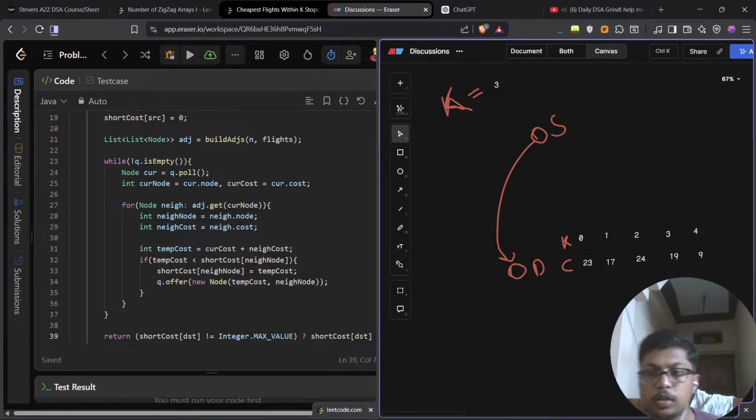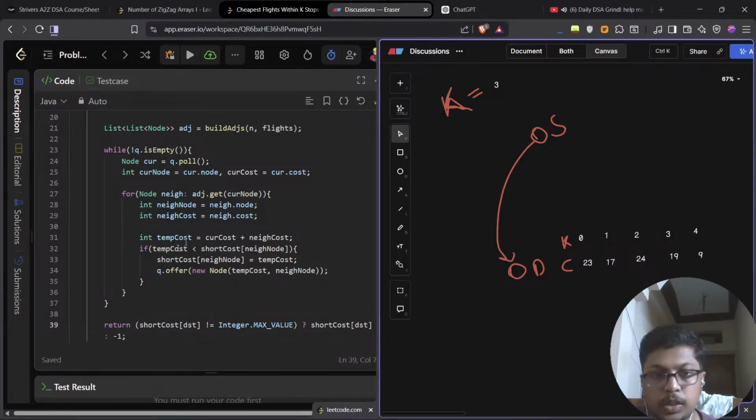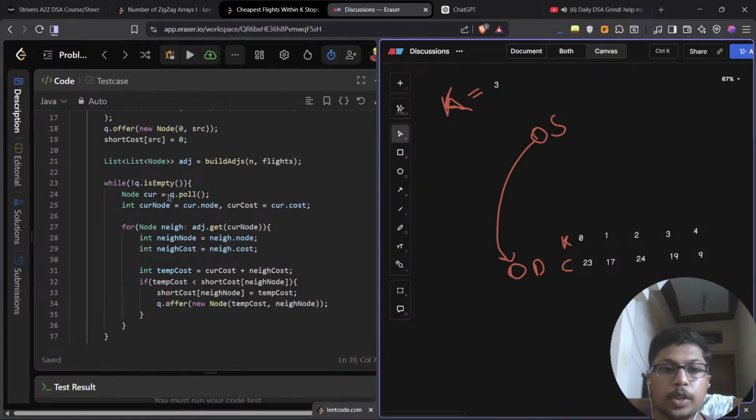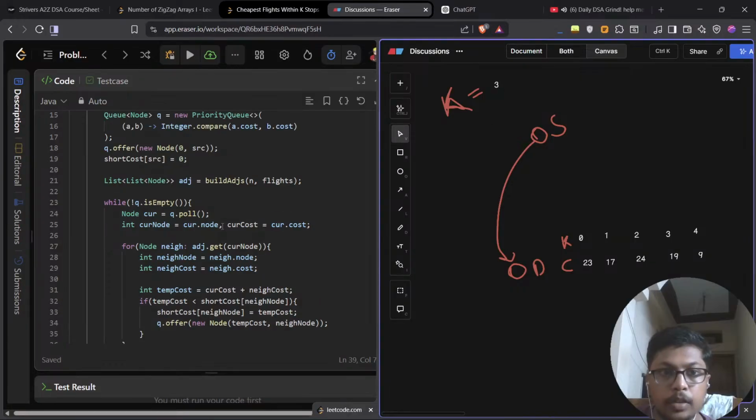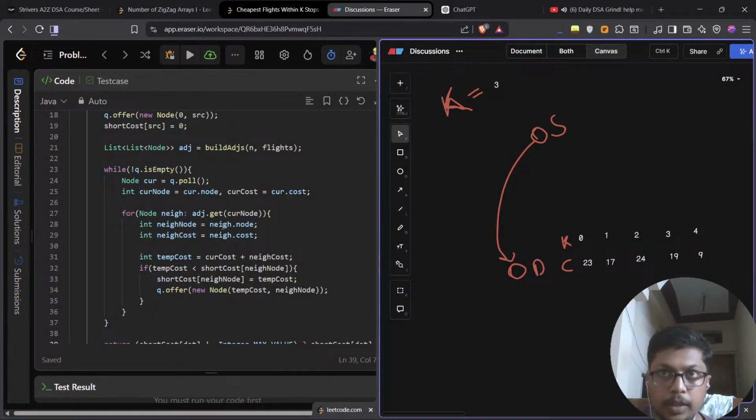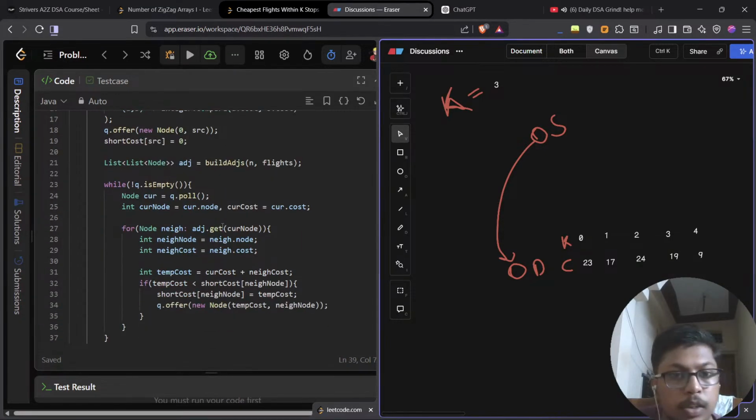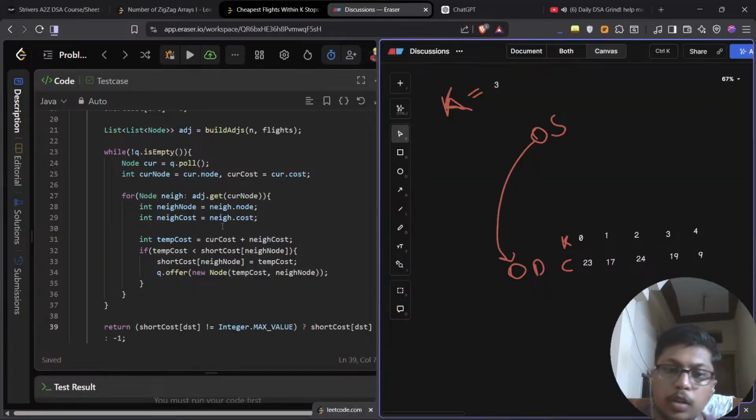Now the thing is, if I put just a small if else condition saying that when you are entering into this and you are finding the k, if the k is higher, then you need to reject this, right?